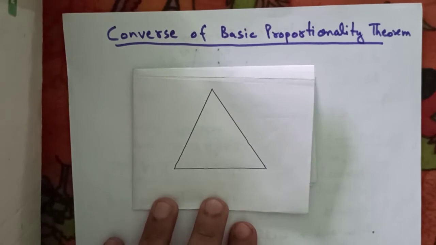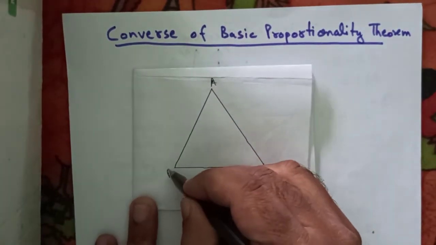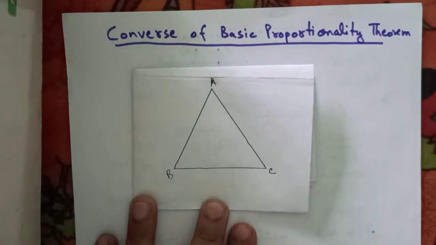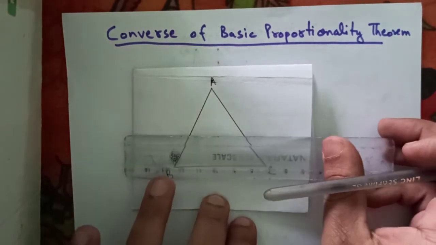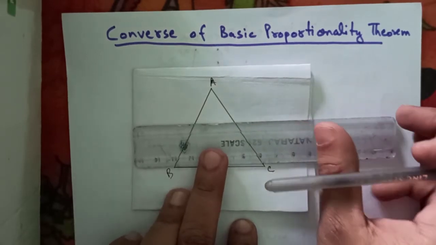By the converse of BPT, suppose we have a triangle ABC, and a line is drawn which intersects two sides of the triangle.